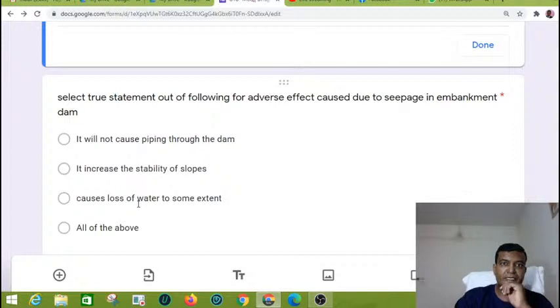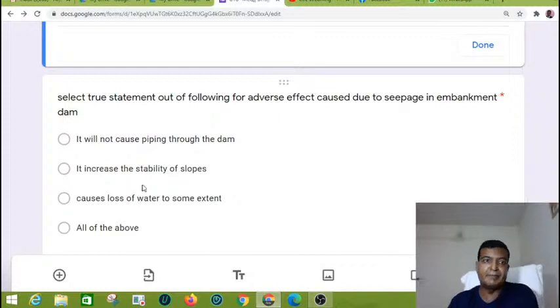Select true statement out of following for adverse effect caused due to seepage in embankment dam. First one is, it will not cause piping through the dam. It increases the stability of the slopes.